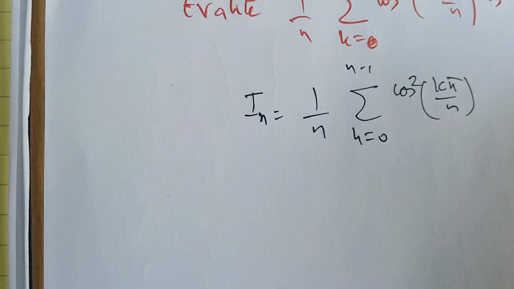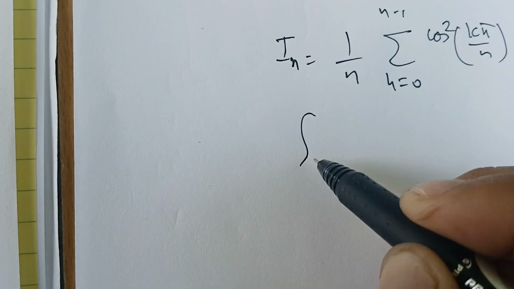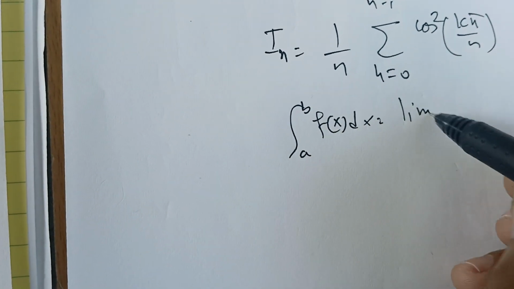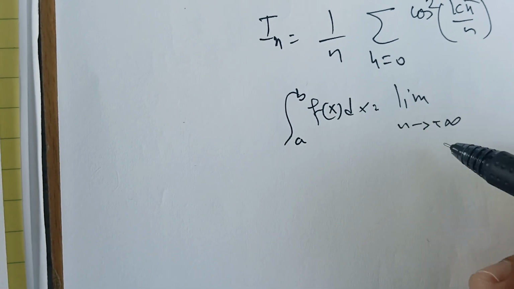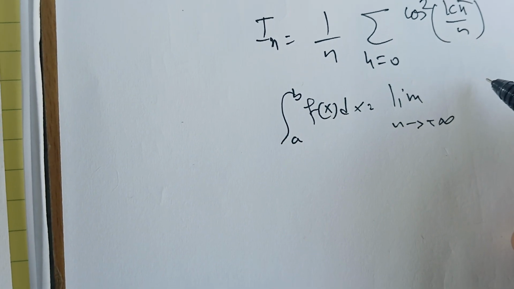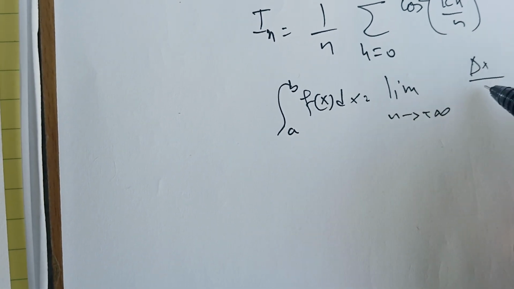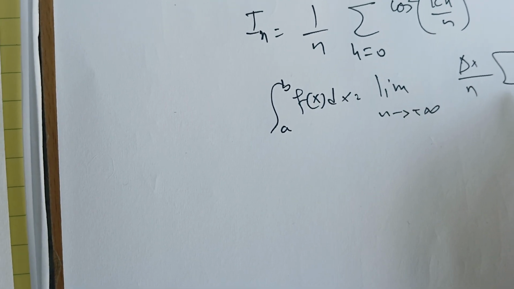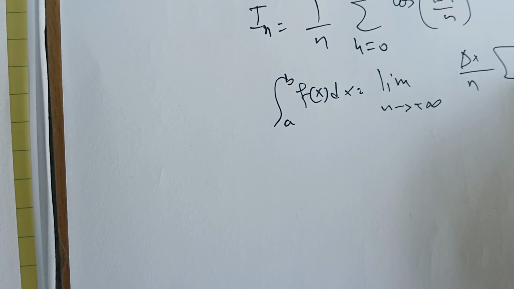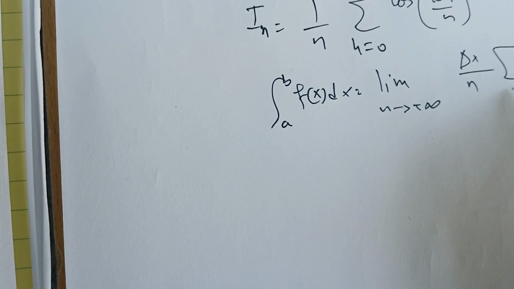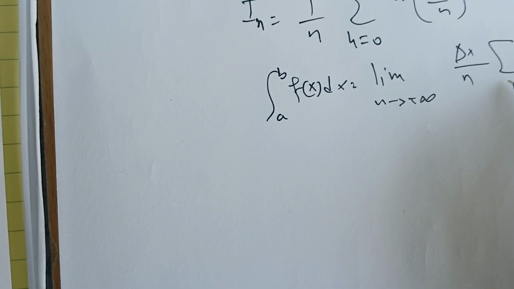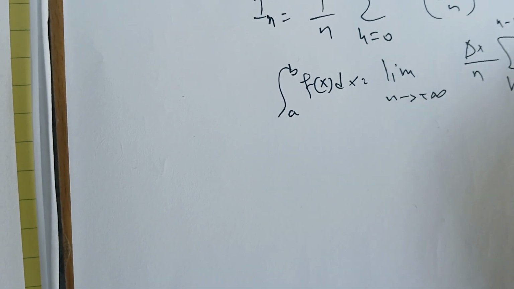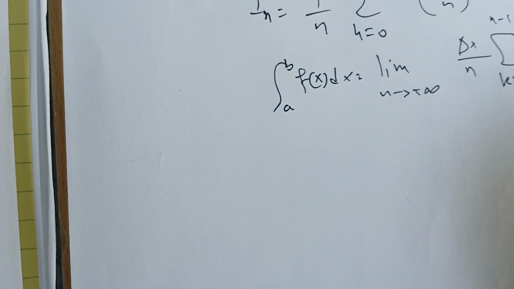Here we know that the integral between a and b of f of x dx is the limit as n goes to infinity of delta x over n, the sum, k from 0 to n minus 1 of f of x sub k.